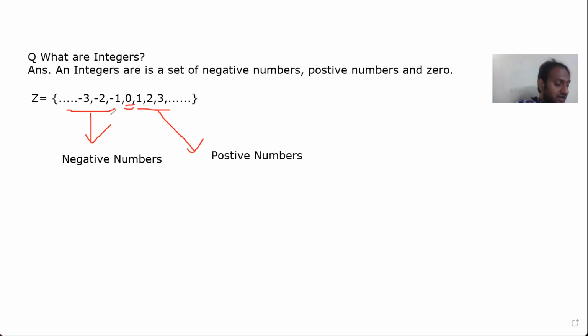So I hope you get the definition. If I ask what is an integer, an integer is a set of positive numbers, negative numbers, and zero. Again, I'll give you some examples.